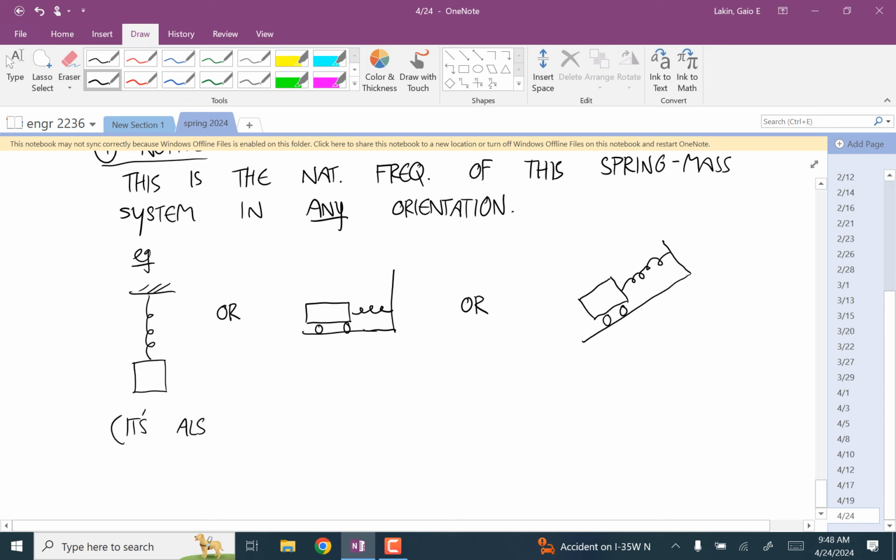It's also good, let's say it's also the same no matter what your boundary conditions are.